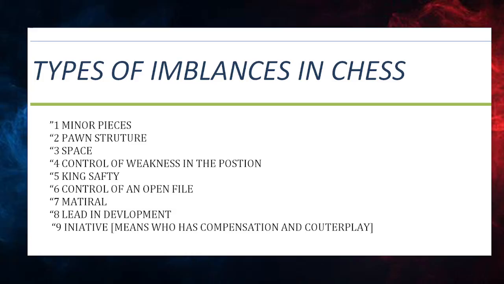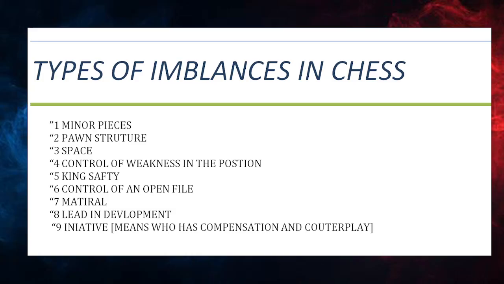The pawn structure imbalance could be highly complex, and to explain this we should focus on the positions rather. For example, if you don't know about IQP, you cannot understand this. Pawn structures are usually structures which basically develop your game or develop the ideas in your position.